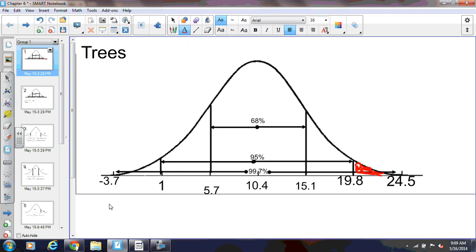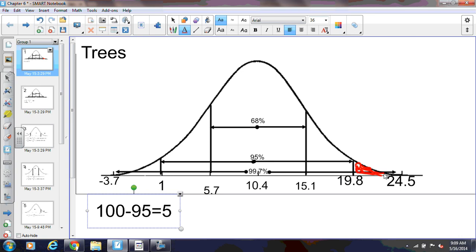In order to find that, we know that 95% of the data is between 1 and 19.8 inches. The area under the entire curve would be 1, or 100%. So we can say 100 minus 95 equals 5%. That means that 5% would be in the tail below 1 and in the tail above 19.8.